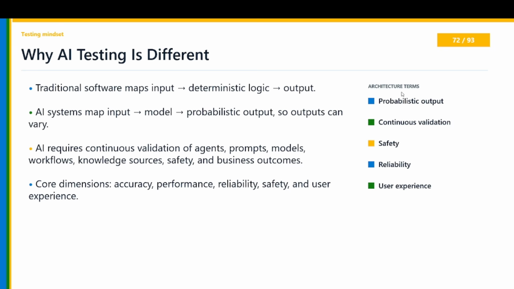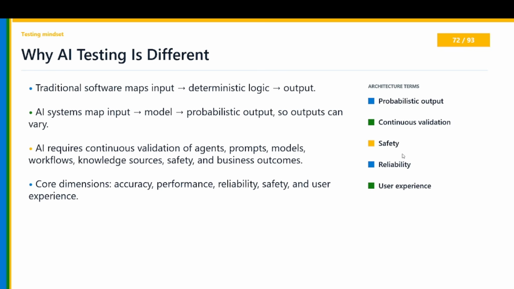And these are the architecture terms that you should understand here. Probabilistic output: the probability of success should be very high. Continuous validation is very, very important. Always validate, and follow the feedback loop that we have discussed. Safety: test agent safety. Is it safe? Is the access to the database safe? Is it operating within the boundary, within the guardrail?